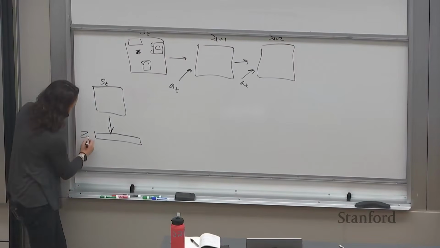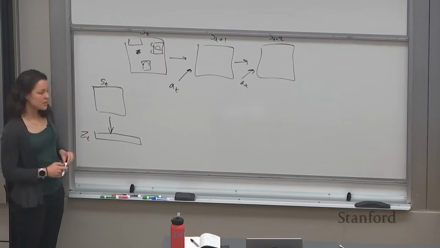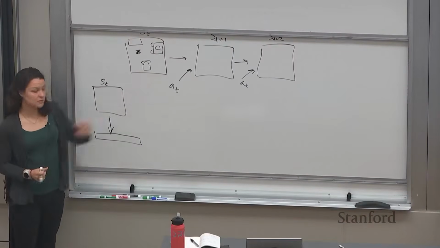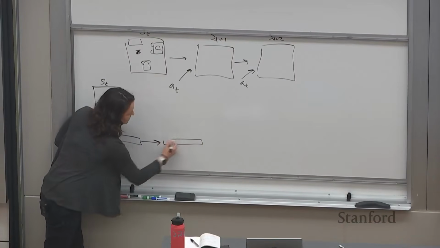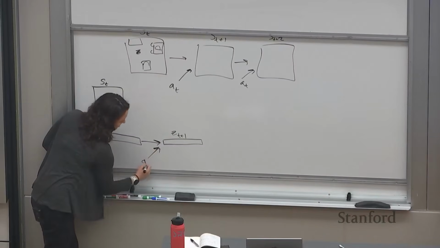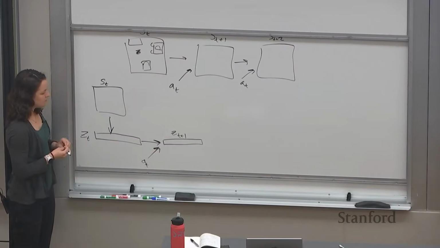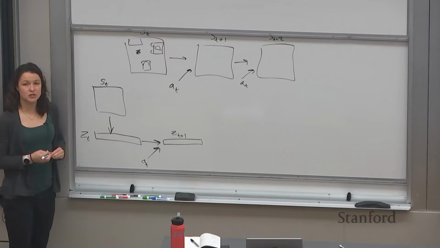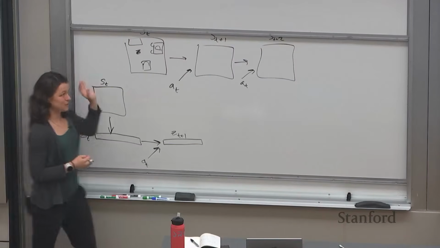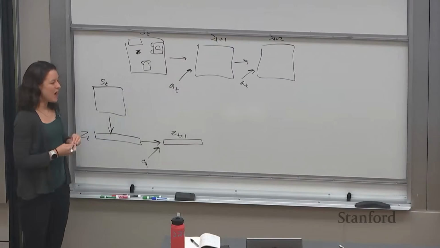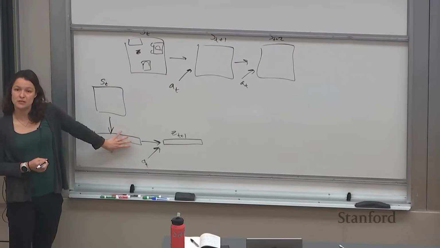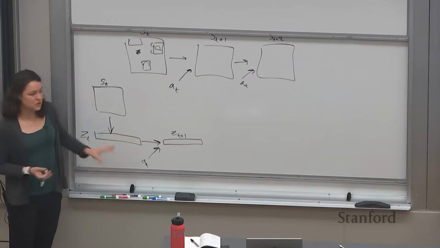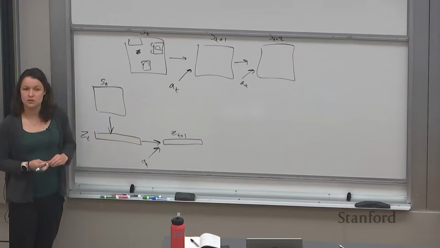Maybe we'll refer to this as ZT. And then instead of learning a model in the original image space, we could try to learn a model that predicts future ZTs, like ZT plus 1. This can be a good alternative in scenarios where it seems like it'll be very expensive to learn a full model. It also has its own challenges, because you need to figure out how to get this representation in the first place. And if you have a good way to get good representations, it can be a good choice.